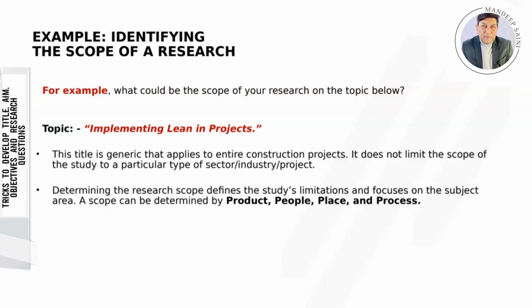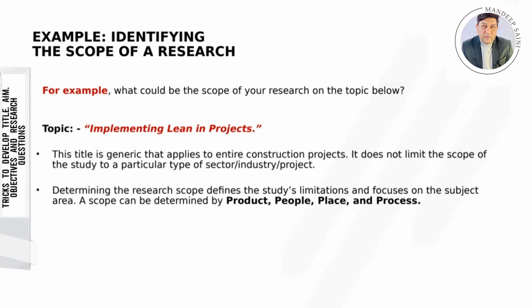Now, many of you will have that kind of generic topic in your mind. So that is what I'm trying to say. If you have the topic, keep the notepad with you and start writing when I'm talking. Start making the notes, and you will come up with at least the first draft of your title, aim, objective, research question, and the literature review.